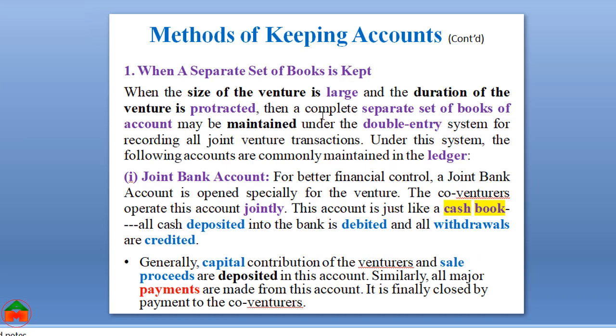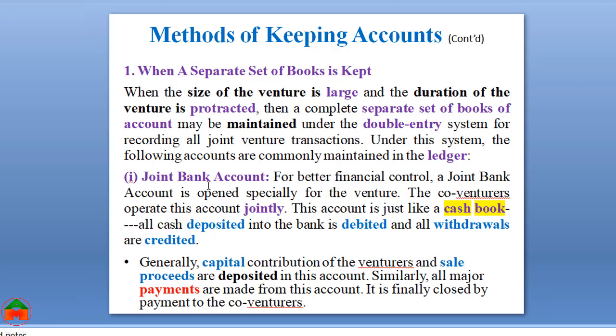From the previous tutorial, we have learned that when separate sets of books are kept for maintaining accounts in joint venture, we have to prepare three types of ledger or accounts.